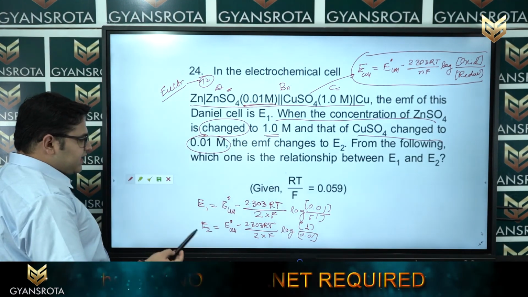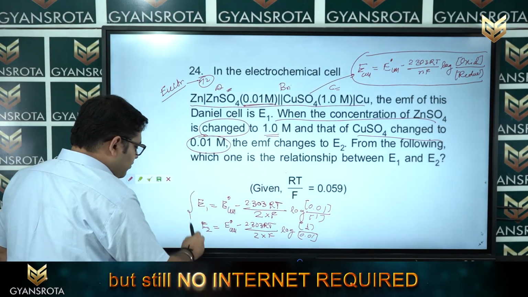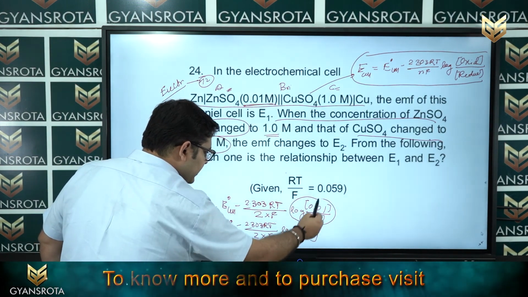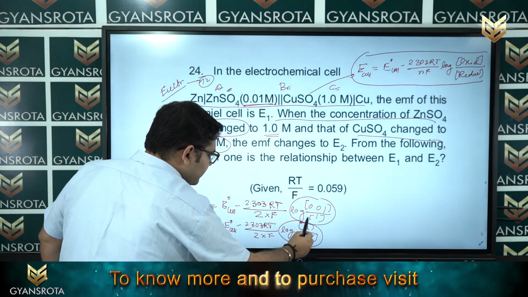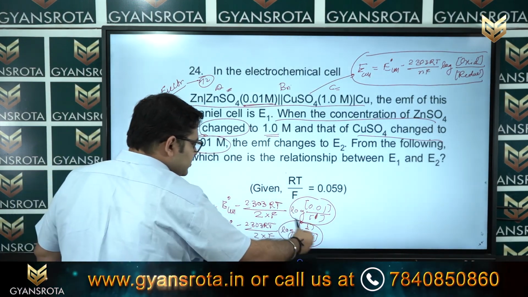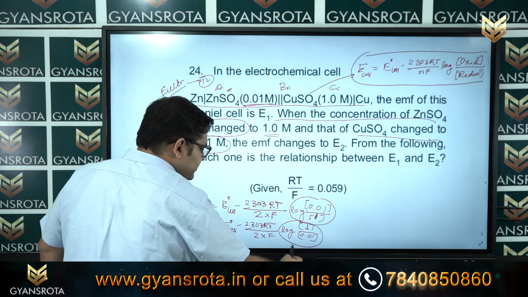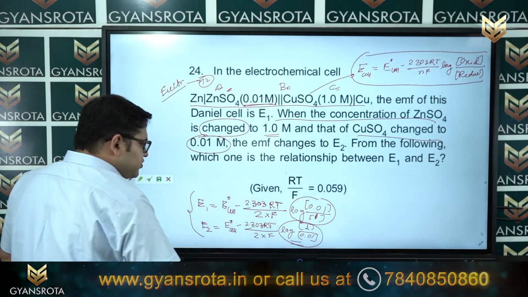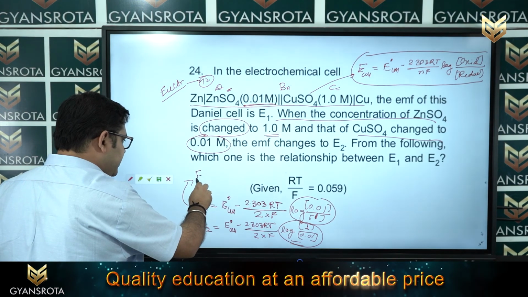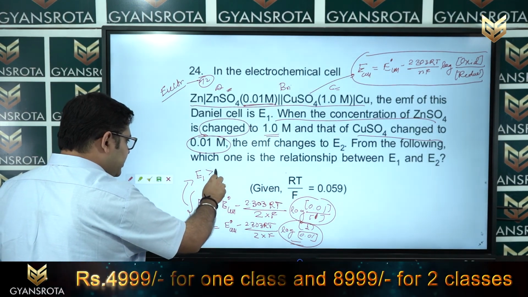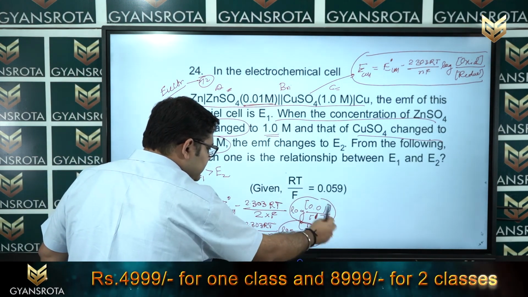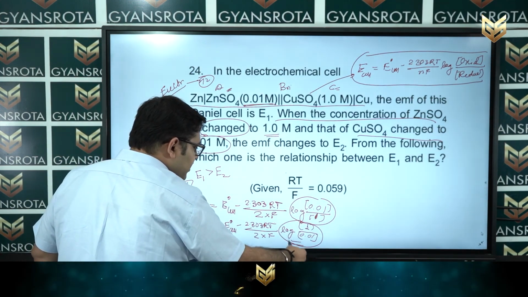So, now use a little bit of your mathematical concepts. See, this value is greater than this value. Why? Because here it is not a fraction, since 1 is nothing but the value of 1. So, this is not a fraction, but this value is a fraction. So, by using a common mathematical concept here, we find that E1 is greater than E2, because this value itself is greater, but this value will be lower.